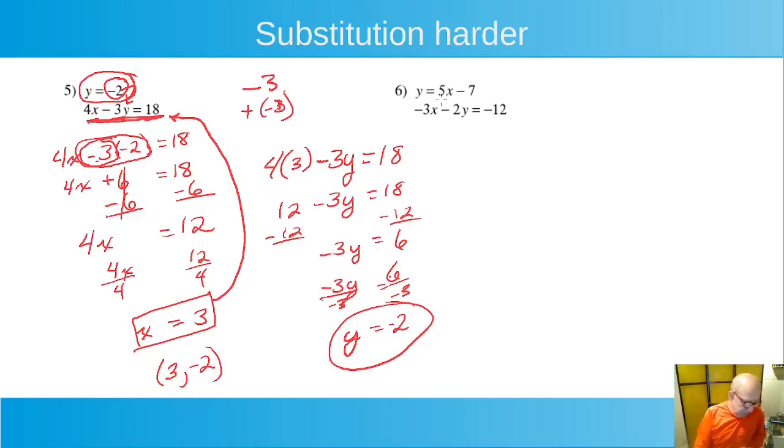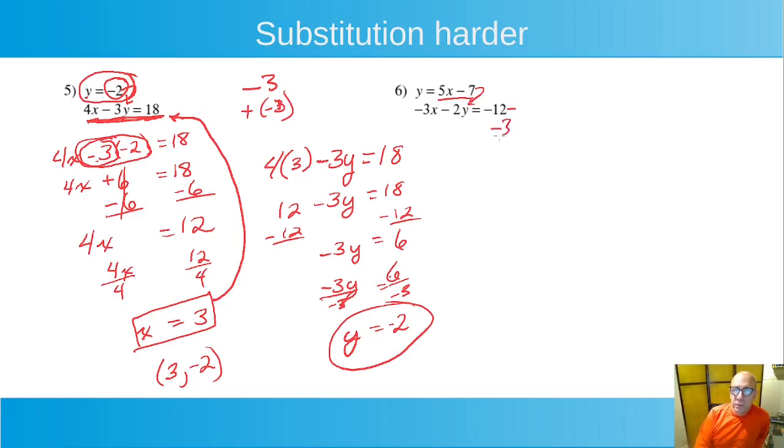Now look at number 6 here. It's a little bit more complicated because y doesn't equal a number. Y equals 5x minus 7. We can still substitute 5x minus 7 into y. And here's how we do it. So we're going to take this second equation and we're going to rewrite.